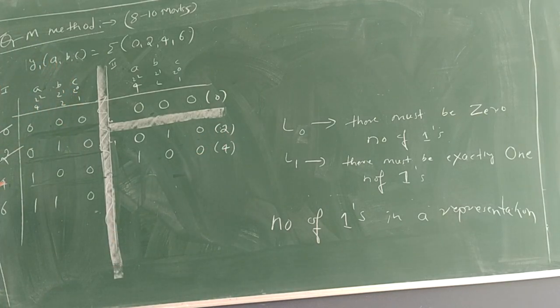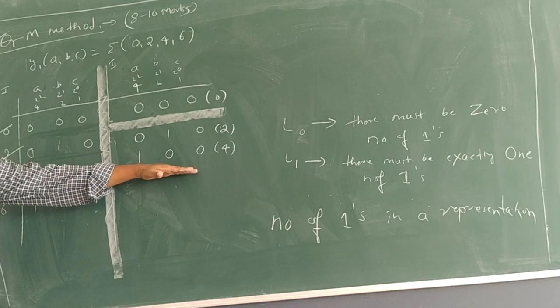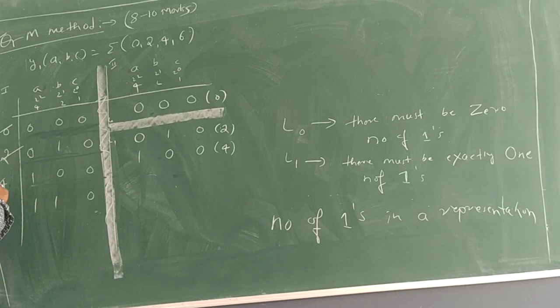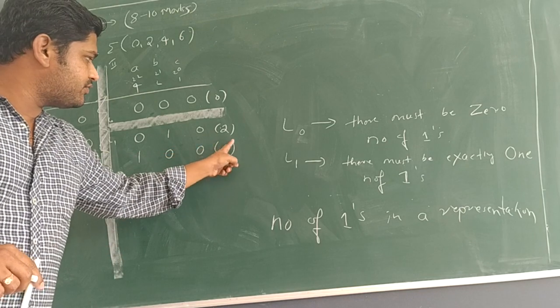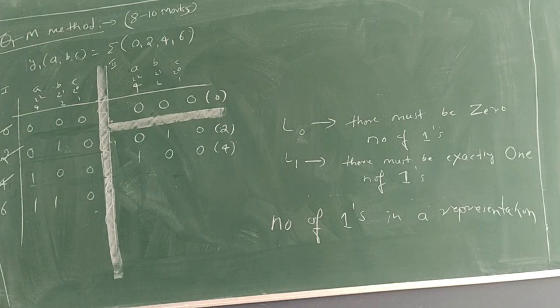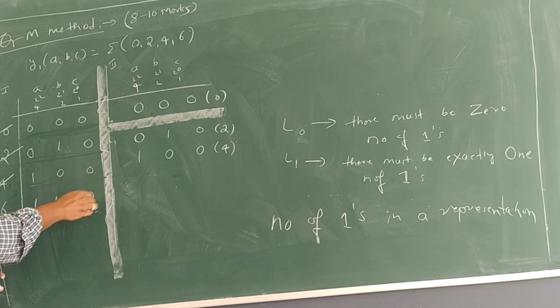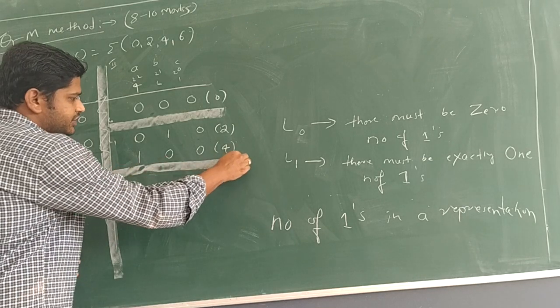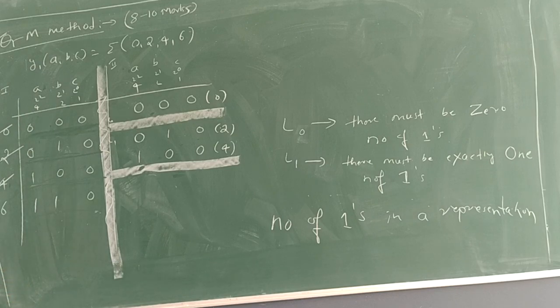That belongs to the L1 set. Make a practice of writing in parenthesis, that is also important. Any other symbol with one number of ones? No. So the L1 level is finished.